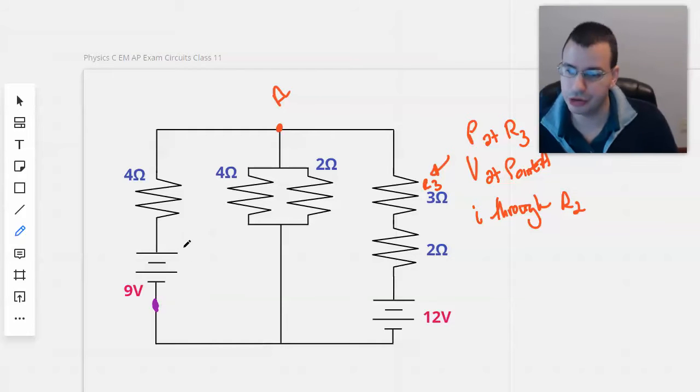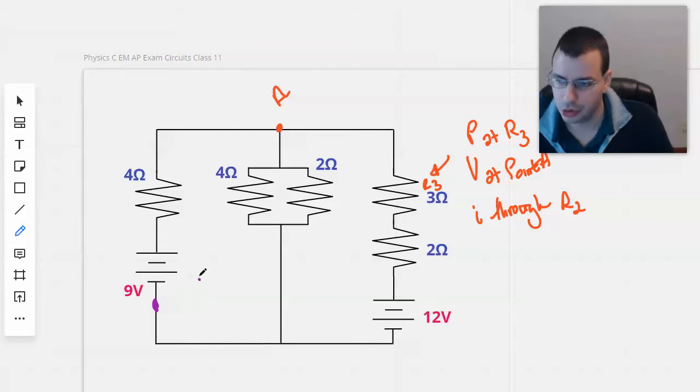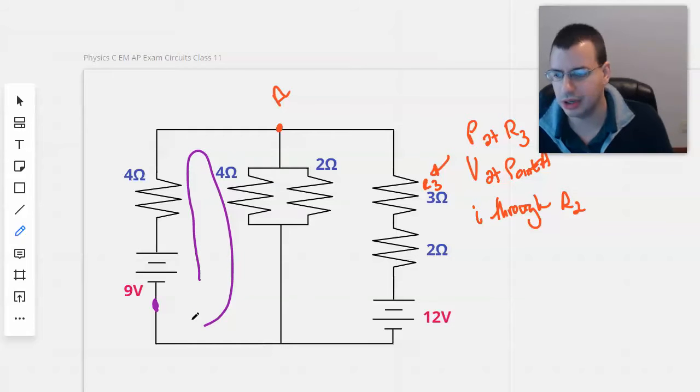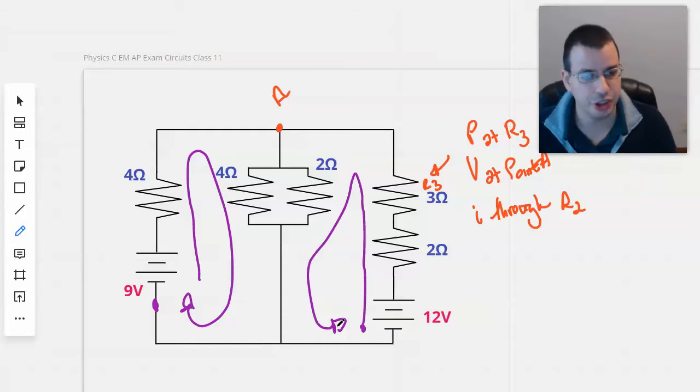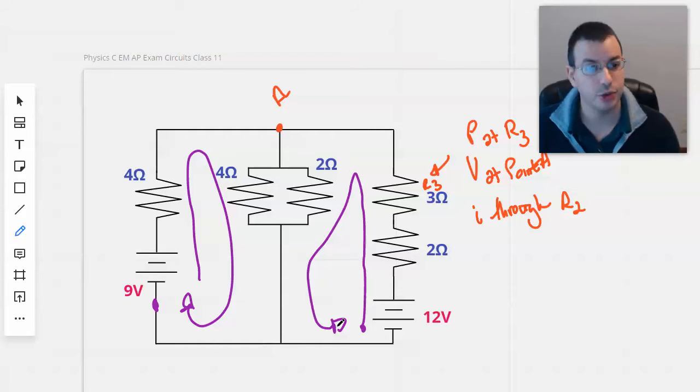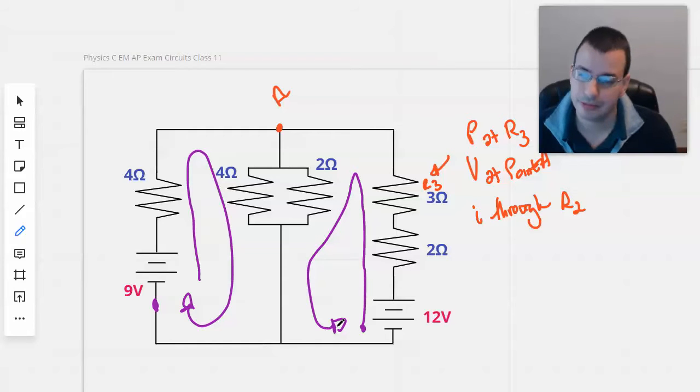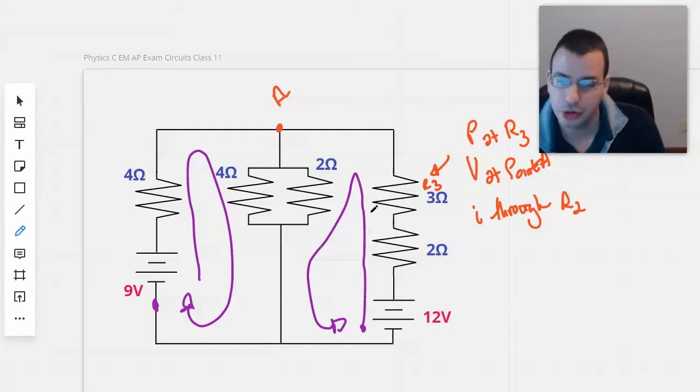So I'm going to start off. We're going to do 2 loops. We'll do one loop like this, and then we have another battery over here, and the second battery is what makes it really difficult to just do equivalent resistors and summarize everything down into one equivalent resistor. So we'll do one loop like this and another loop like that.